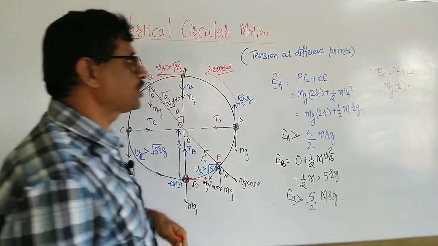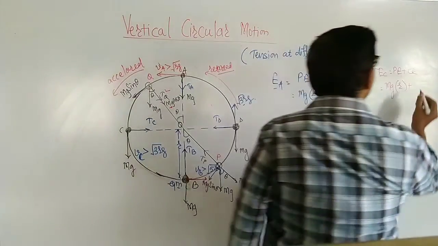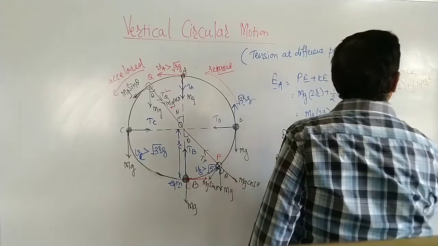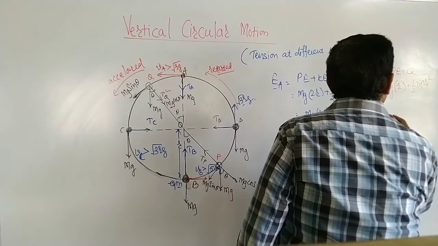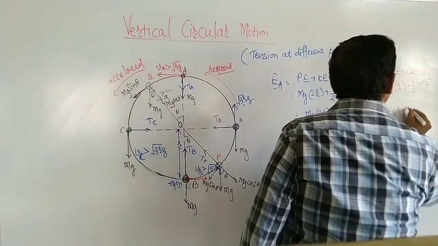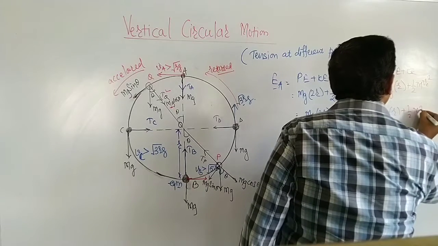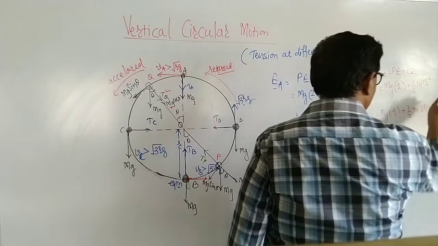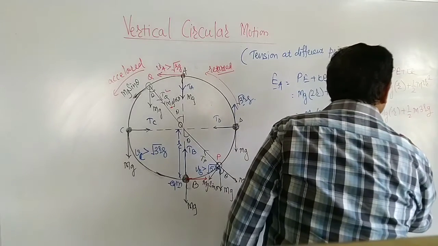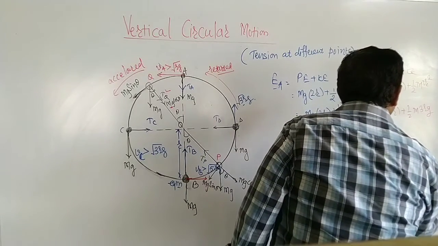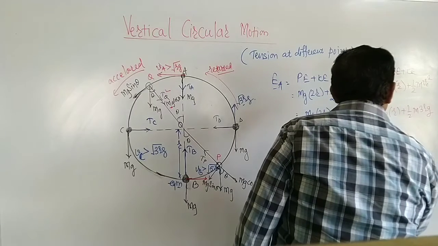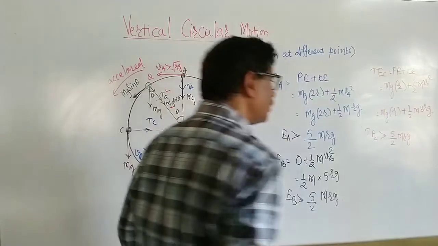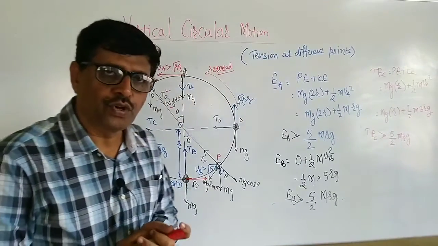Therefore, potential energy is mgr plus kinetic energy half m into vc square. It is equal to mg into r plus 1 by 2 m into 3rg, as vc square is 3rg. Therefore, it is again 5 by 2 mrg. Therefore, the total energy at C should be equal to 5 by 2 mrg.